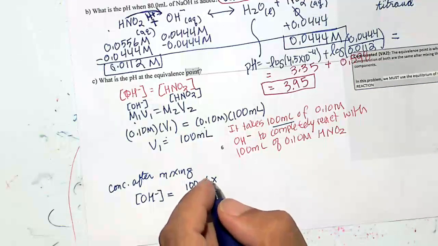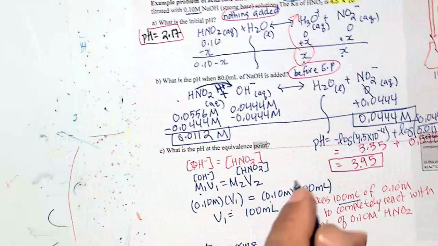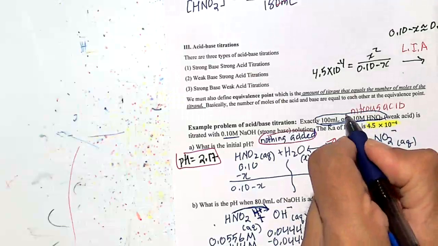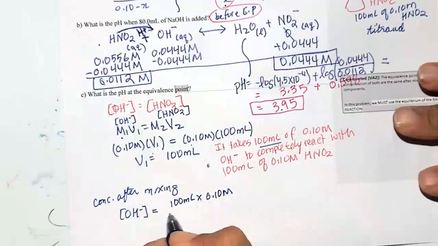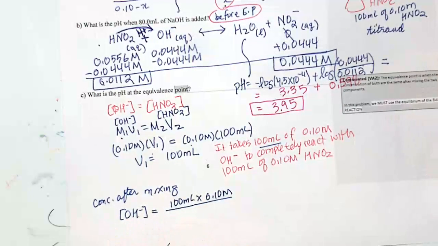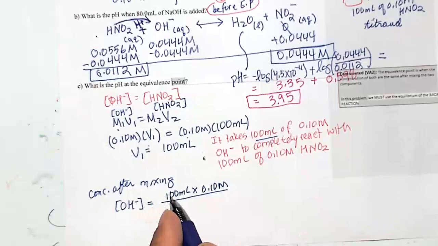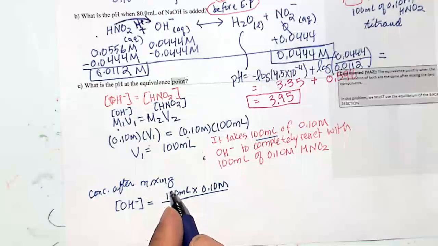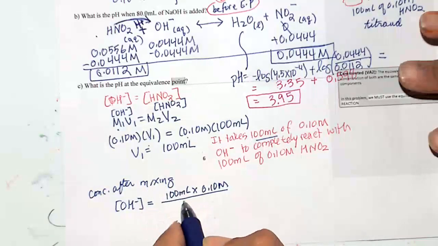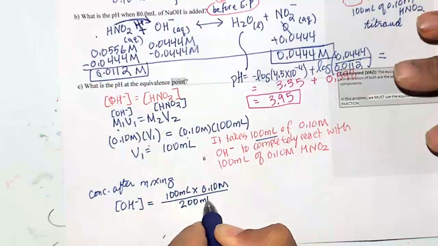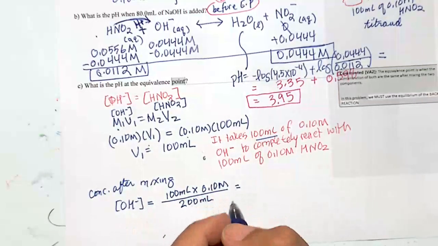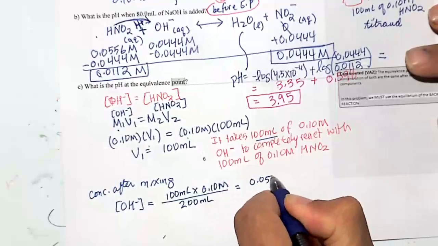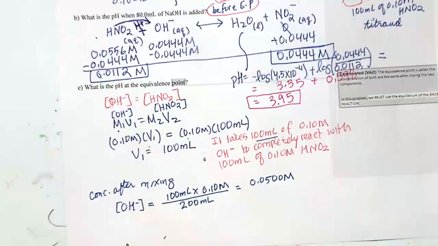The concentration of the HNO2 in this problem is, what's the concentration? 0.10 molar. What's our total volume? What's our total volume here? 200. Very good. So this is 0.050 molar.